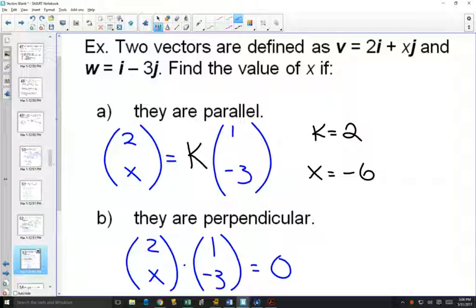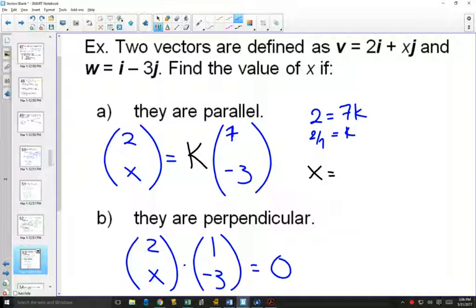If I made this 7, then you're like, ooh, what would have to happen here? Well, maybe I would even have to say 2 would have to equal 7 times k. So k is going to be 2/7, and then x is going to be negative 6/7 as a result. But it wouldn't be as easy to figure out.